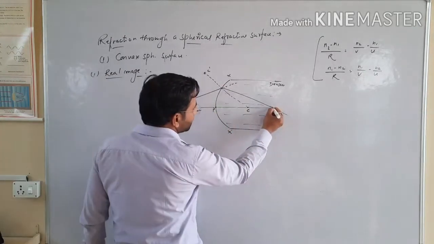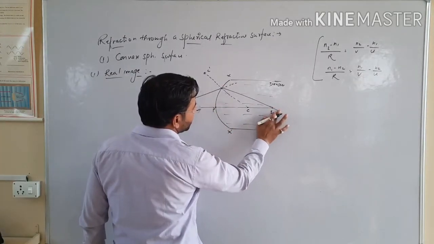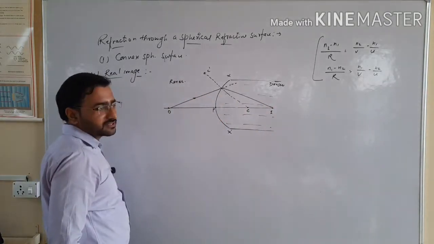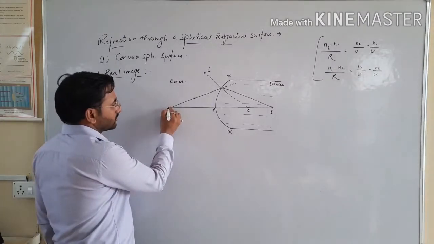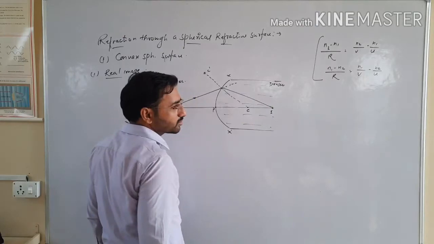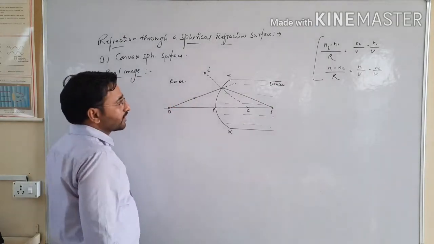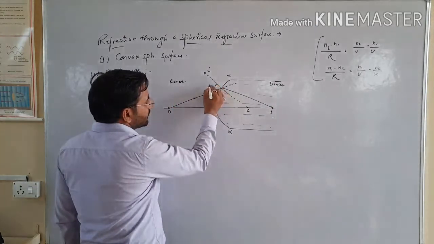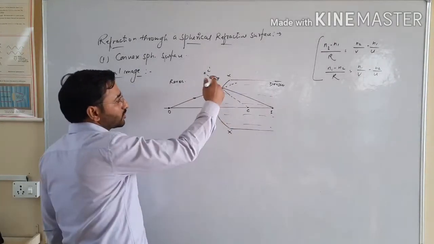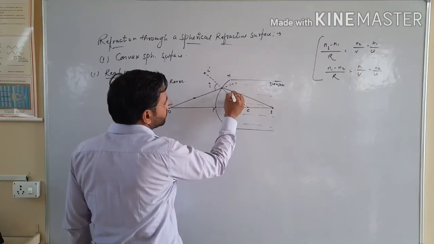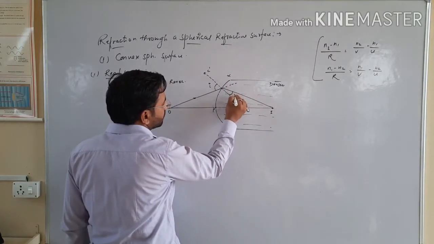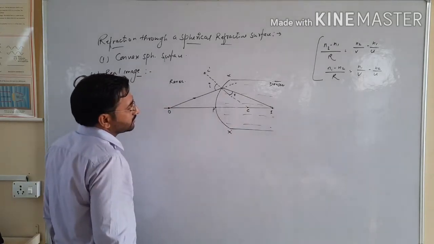So suppose I is the image formed by the spherical surface for the point object, which will also be a point image. Here i is our angle of incidence made with this normal, and r is the angle of refraction.